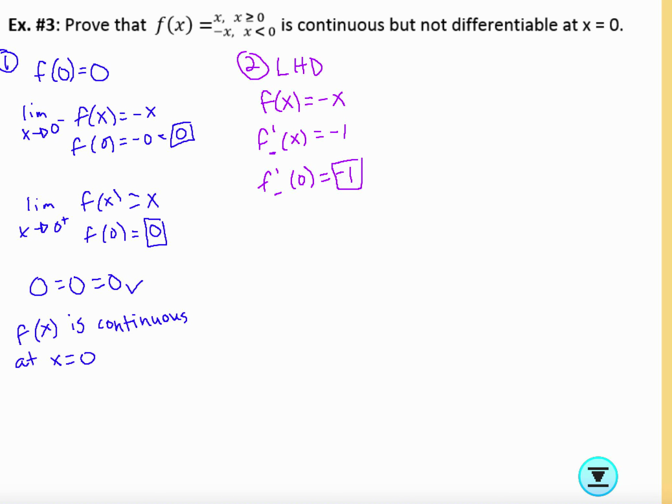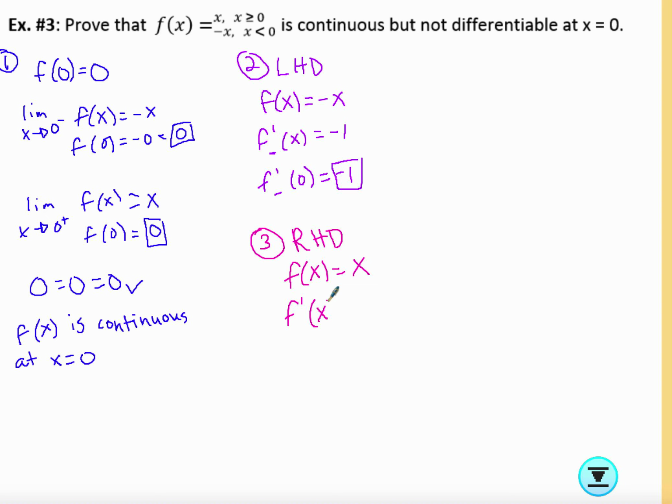Okay, so now let's check out the right-hand derivative. For f of x on the right-hand side, this is just going to be x. The reason why is because on the right-hand side of 0 are the numbers that are 0 and above, and when you've got numbers that are 0 and above, you're going to use the top equation. So we take the derivative.